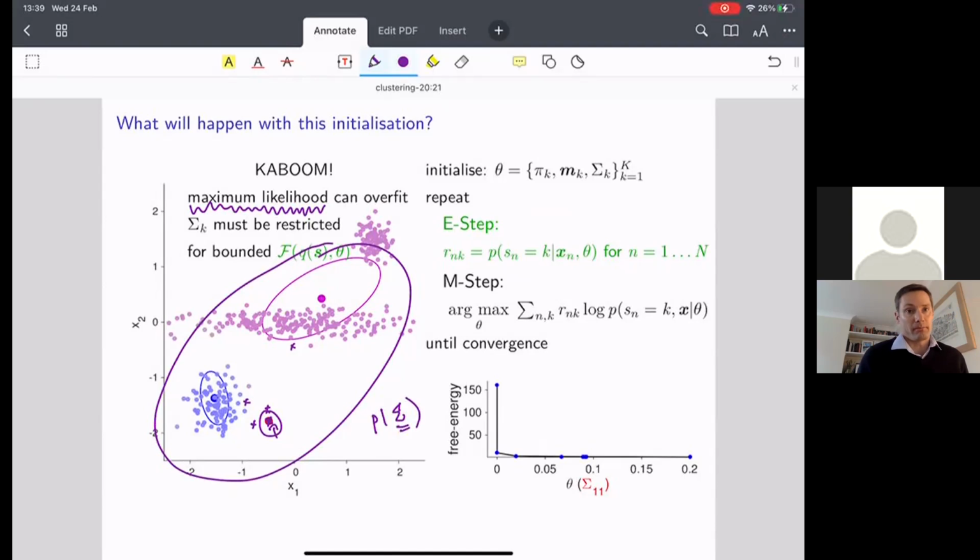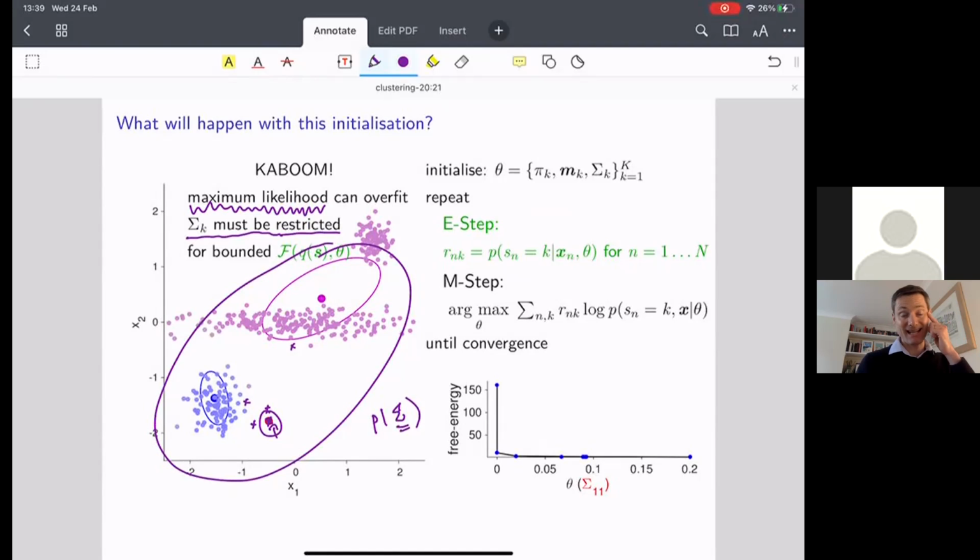You could even use a Bayesian method to do the fitting rather than a MAP estimate as well, and that might alleviate these issues. Another, more ad hoc approach is to change the model, essentially by restricting the value of the covariance matrices so the variance can't get too small. Just bake into the model the fact that the variances can't be smaller than, say, 0.1, or the diagonal elements of the covariance matrix can't be smaller than 0.1.